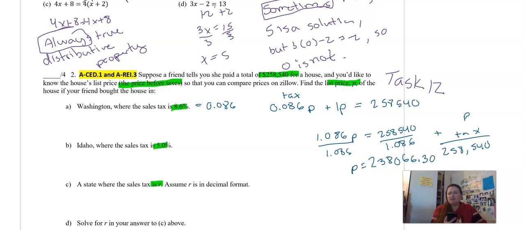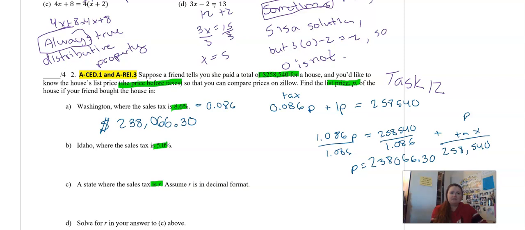Remember, this is money, so round to 2 decimal points. So over here we would write $238,066.30. Okay, so that would have been the list price if the sales tax was 8.6%.